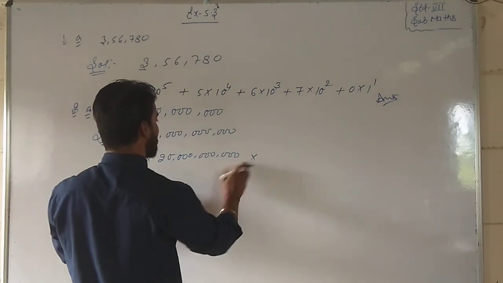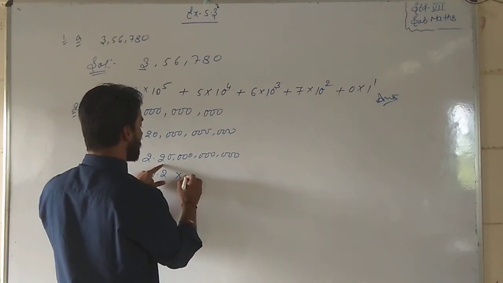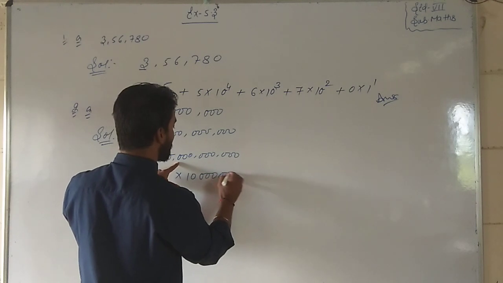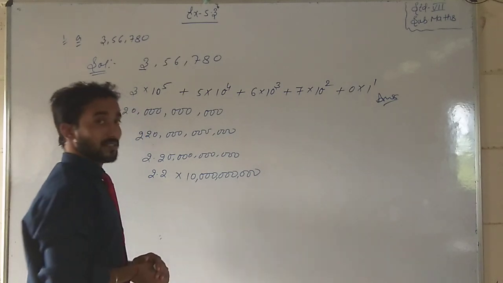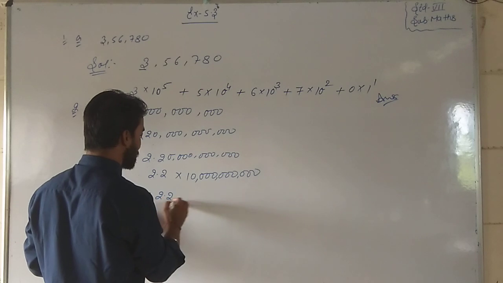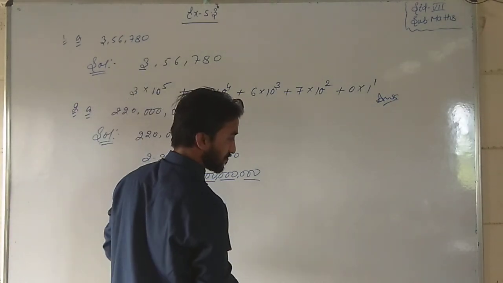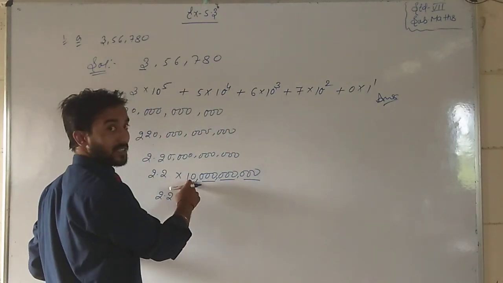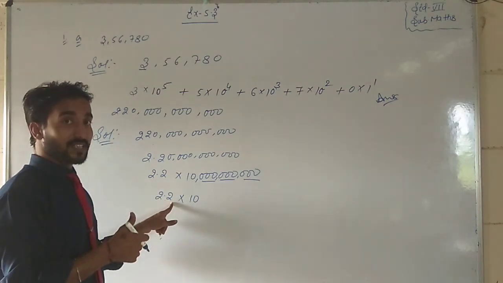Or otherwise, instead of this number, can you write 2.2 into 10 to the power of something? After the first digit, how many digits are there? 11.